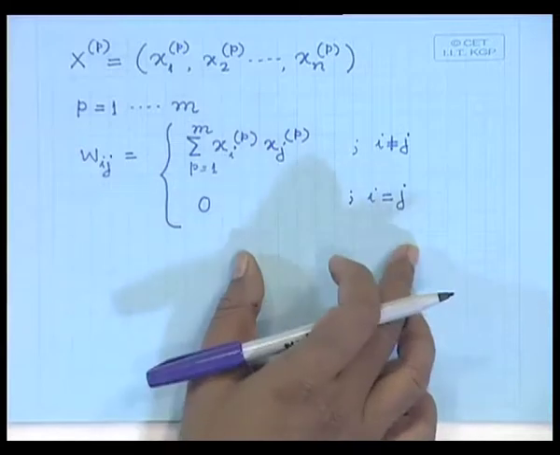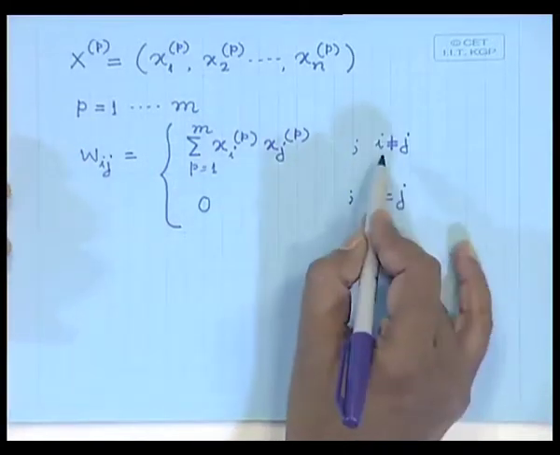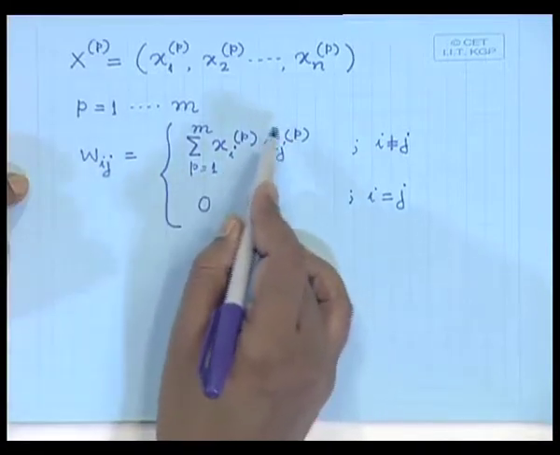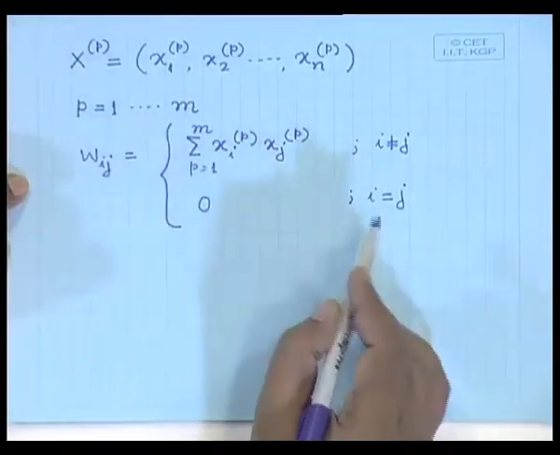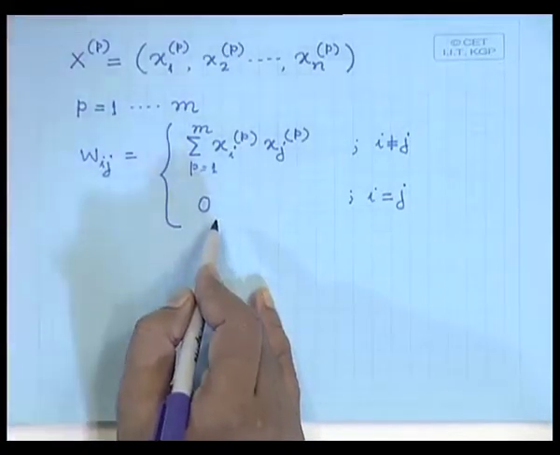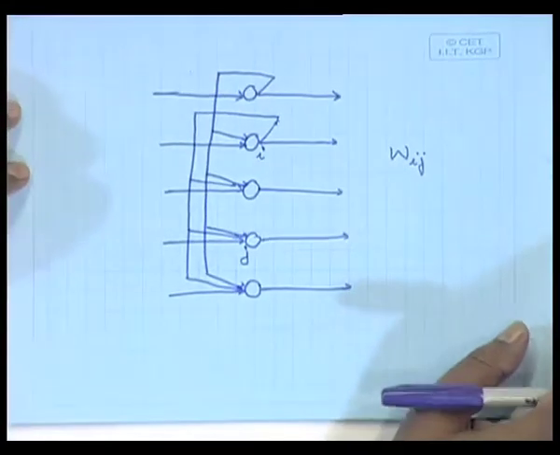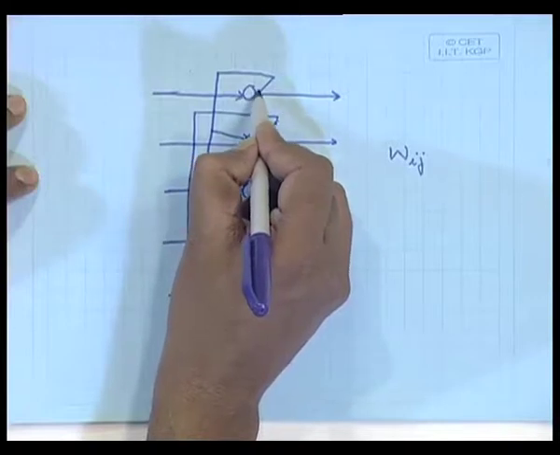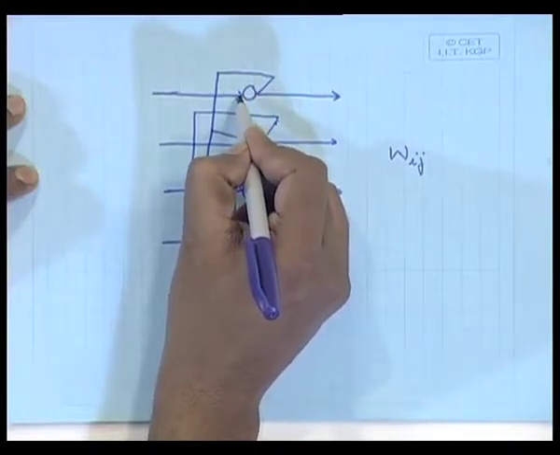What does it mean? Whenever i is not equal to j, your Wij will be computed by this. If i is equal to j, then Wij is equal to 0. You find that when I drew this schematic of the Hopfield network, I have not fed back to the input of the same node.